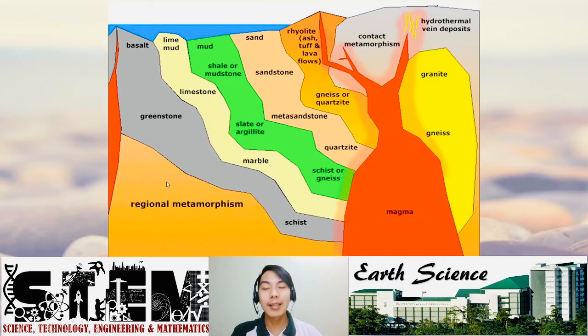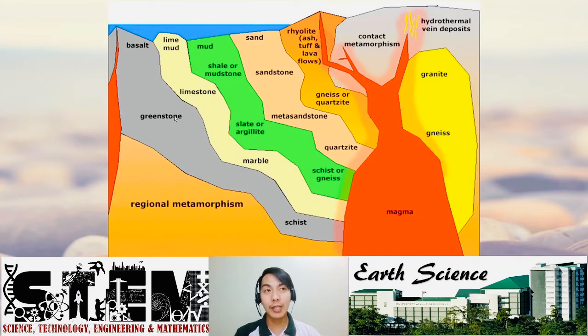Then another example of the formation of metamorphic rock is contact metamorphism. For example, we have this gray deposit. This is a basalt. As it goes deeper, and if it's subjected to pressure, this basalt rock turns into greenstone. That is already classified as a metamorphic rock because it's simply a basalt, which is an igneous rock, that is subjected to pressure.